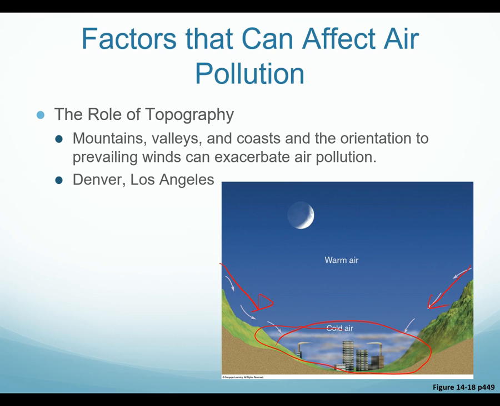And that can really increase pollutant concentrations. Cities like Denver and Los Angeles, Salt Lake City, Pittsburgh are very, very famous for this. They get lots of topographical air pollution problems.